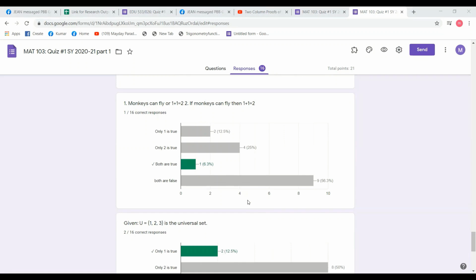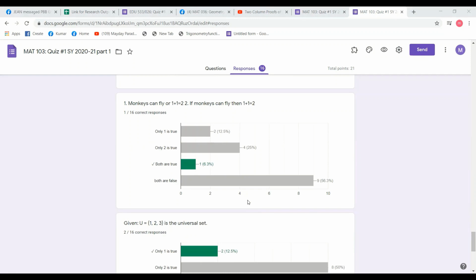Since here, in statement 1, we know that 1 plus 1 is true, and monkeys can fly is false. It is an or, so therefore statement 1 is true because at least one is true.